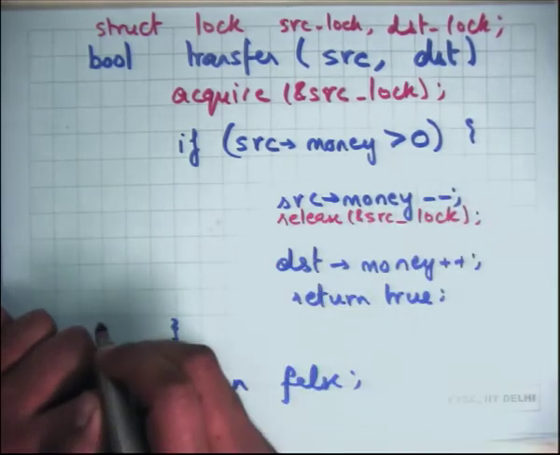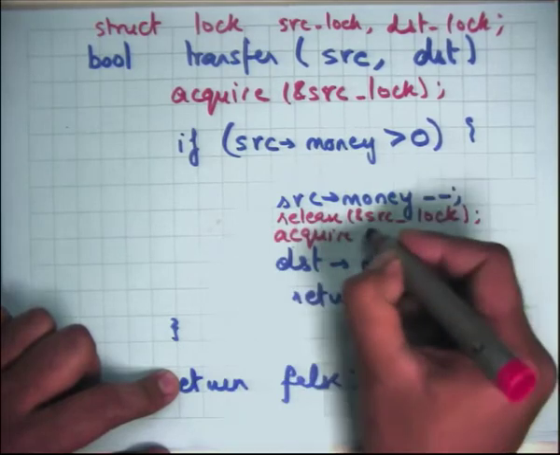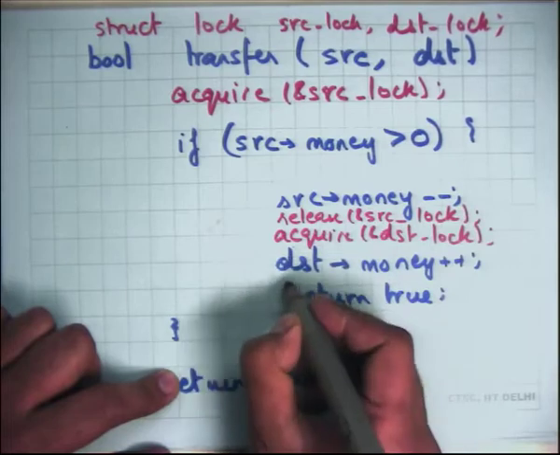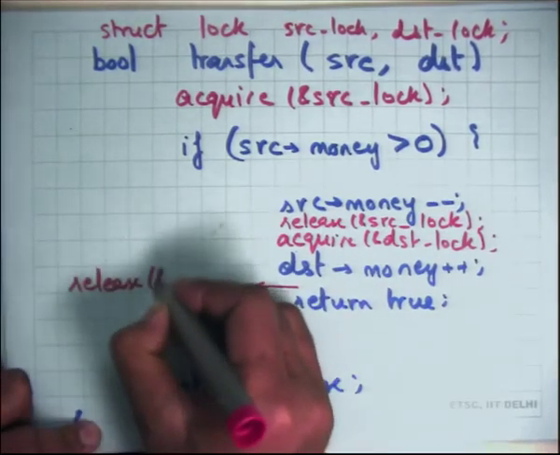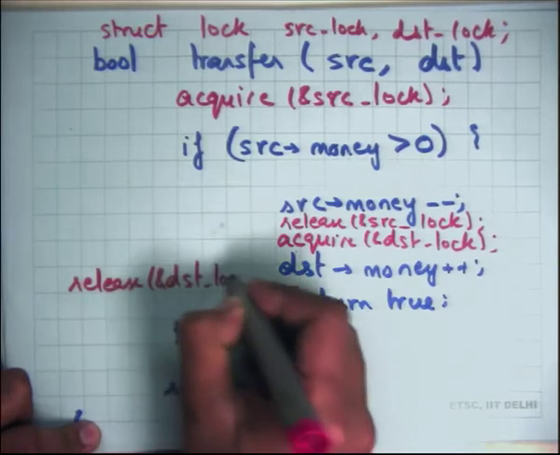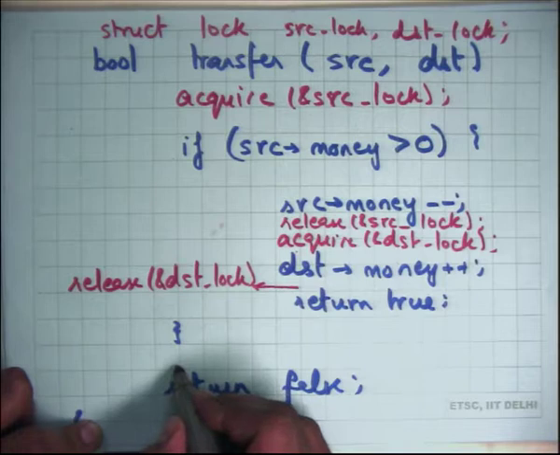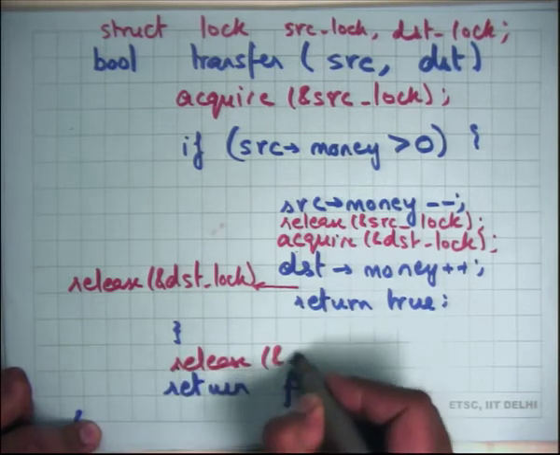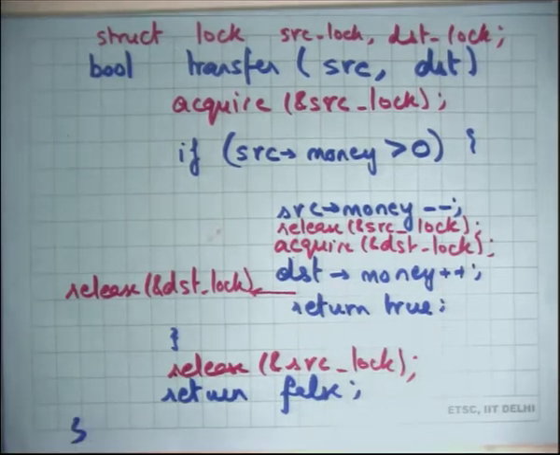And let's say acquire destination lock, release destination lock. And what do I need to do here? Release source lock, right?